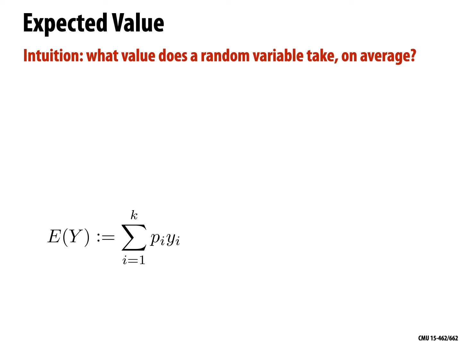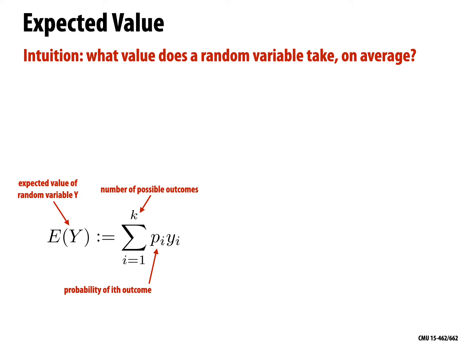So in particular, if I have a random variable y, then its expected value E of y can be obtained by summing over the possible outcomes. So in this case, this is a discrete random variable. So I'm going to sum over all k possible outcomes, the probability of each outcome occurring times the value of that outcome. I'm just taking a weighted average of the possible values where the weights are given by the probabilities.